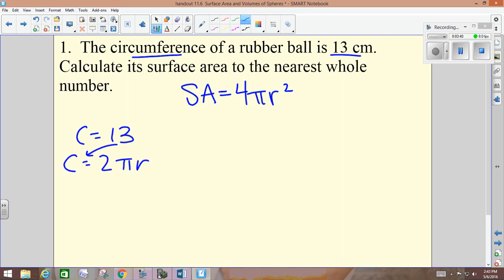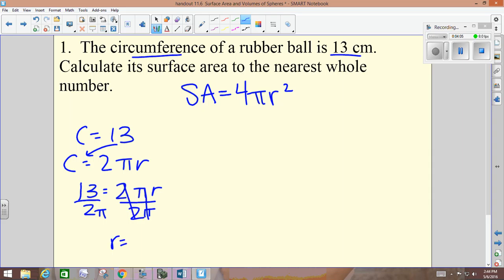Well, if I substitute 13 in for C, then 13 equals 2 pi r. Can I solve that equation for r, the radius? How would I get the r by itself? Divide by 2 pi, good. They're going to cancel on the right side, and you have whatever's left over.